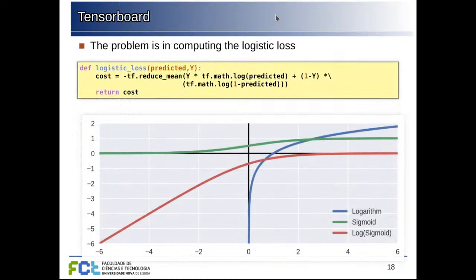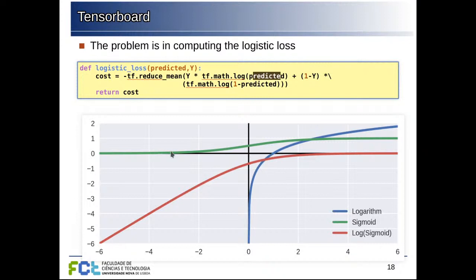So the reason this happens in this case is because of the stability of this logistic loss function. We are computing the logarithm of the sigmoid activation. So the logarithm function, which is here in blue, as the x value tends to 0, the logarithm will tend to minus infinity.